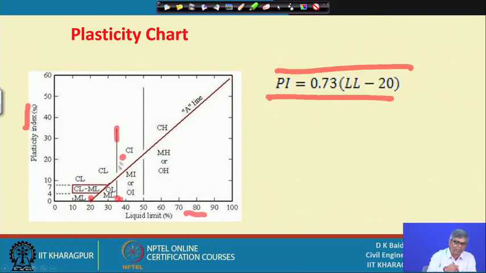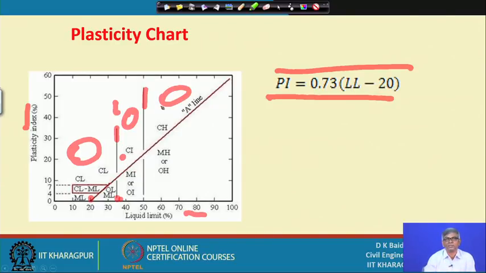If it falls in this zone, it will be low plasticity; if it falls between these, in this zone, that is intermediate plasticity; and if it falls in this zone, that is high plasticity. Similarly, if the point comes below this line, whether it is in this zone, this zone or this zone, the soil will be classified as silt with low plasticity, intermediate plasticity or high plasticity.